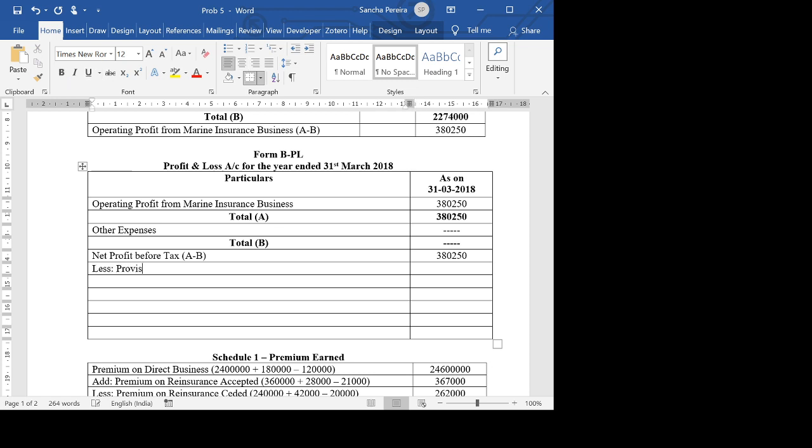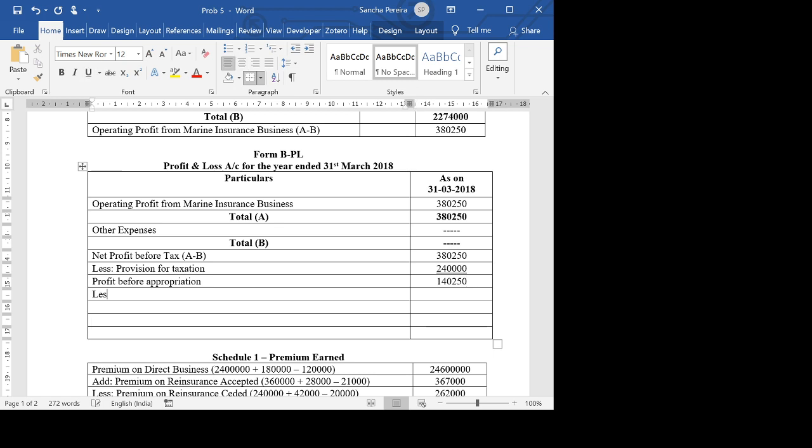Less provision for taxation, and the provision for taxation is 2,40,000. This gives us our profit before appropriation, which is 380 minus 240, giving us 1,40,250.